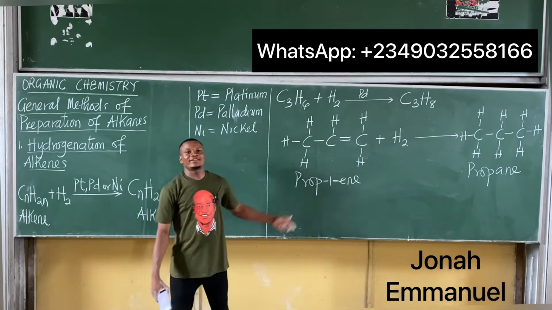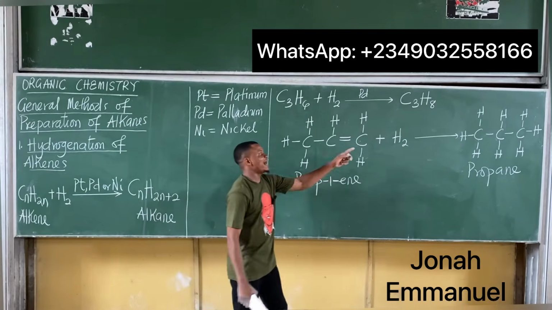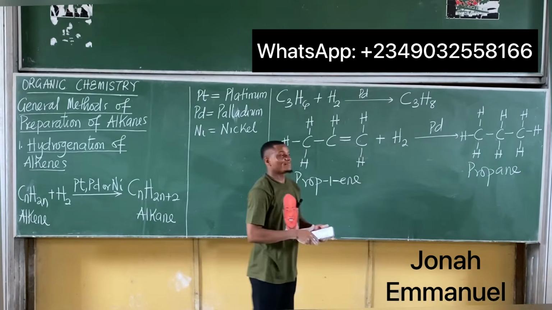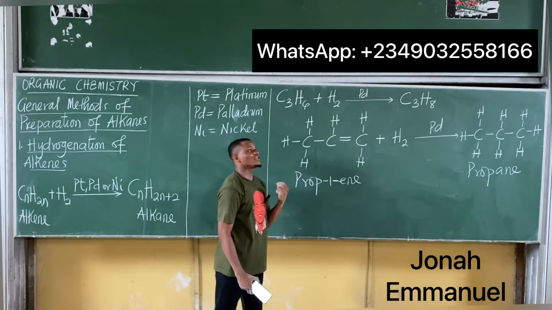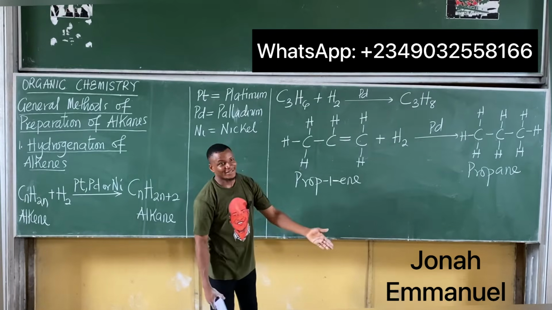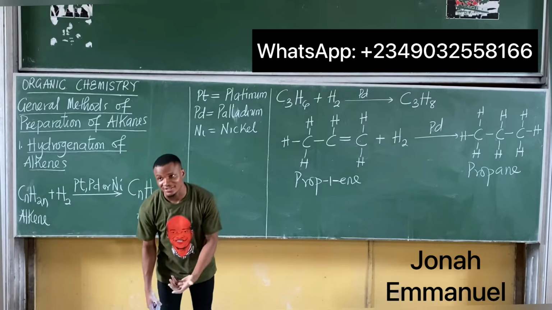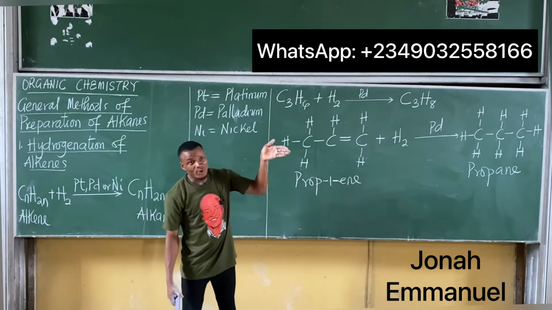So here's what we said. My catalyst is Pd, palladium. We said that the hydrogenation of an alkene gives you a corresponding alkane. Please don't go and hydrogenate propene and get butene. It's not like that. If it's propene, you get propane.